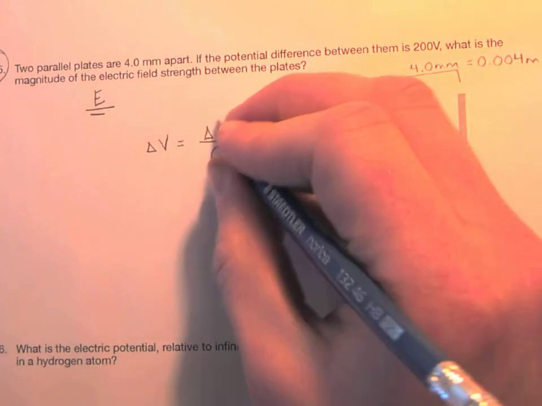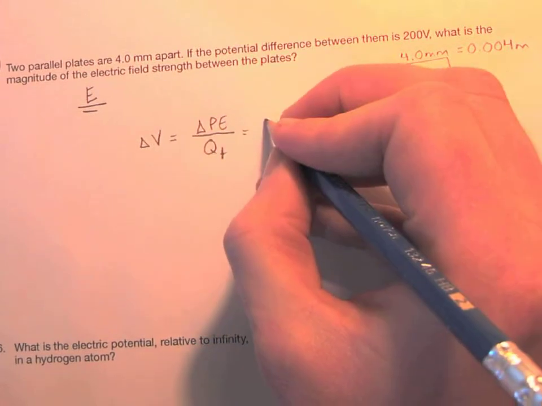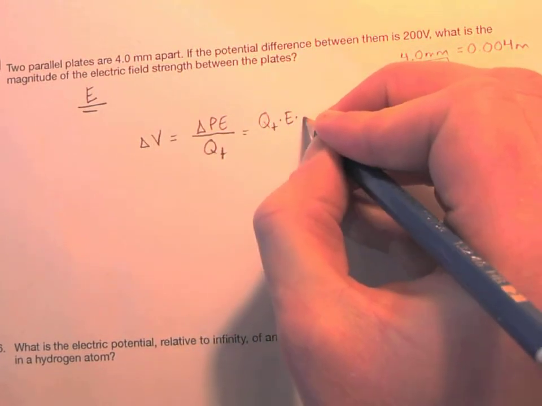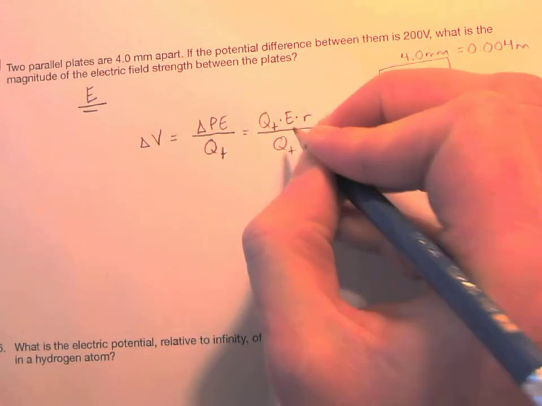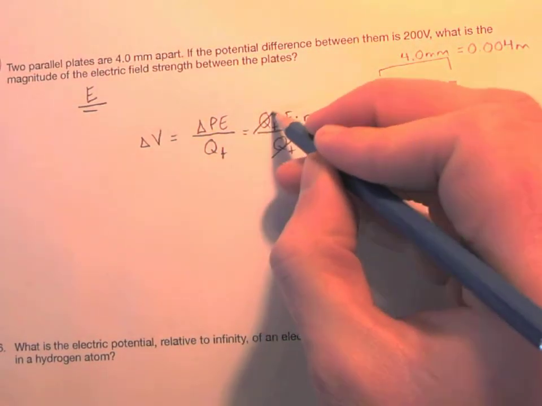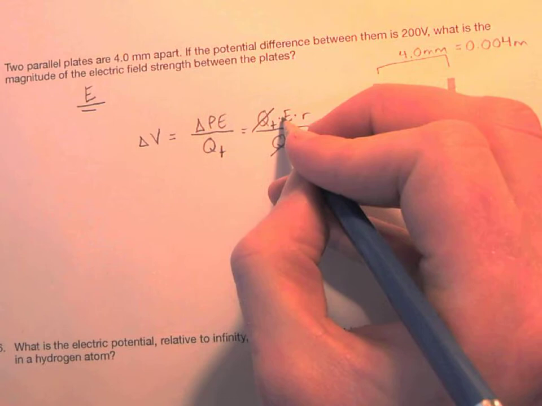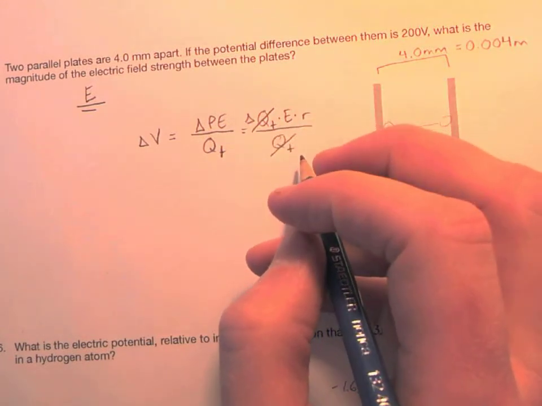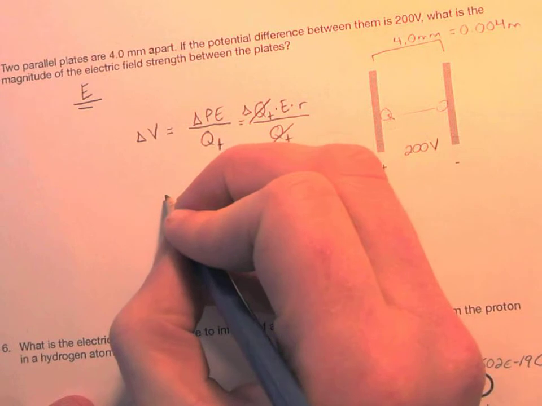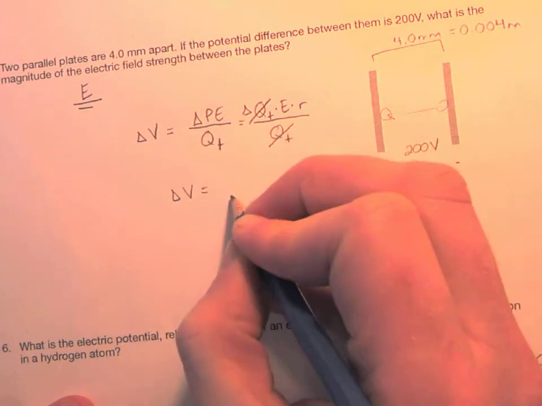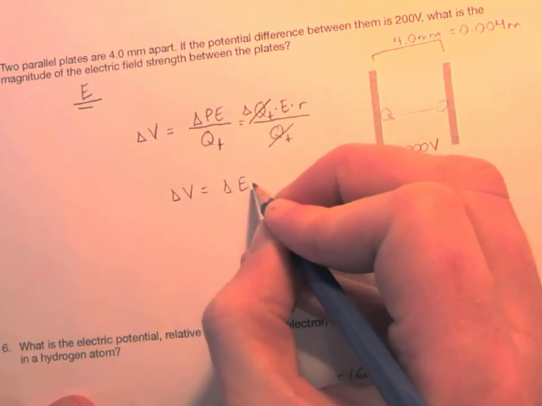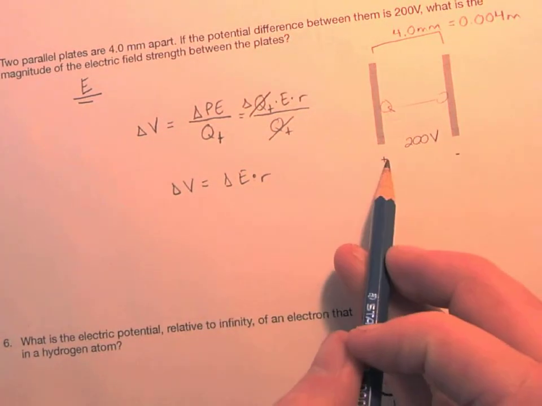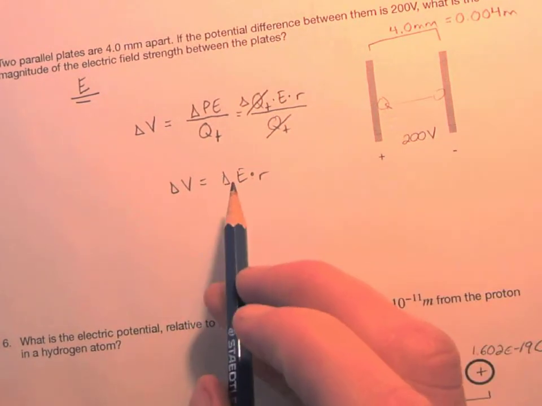It's the change in the potential energy over whatever test charge you have, because it's joules per coulomb. And if we plug in the potential energy formula, Q_T times E times R, we notice that those cancel out, and now we're at change in V is equal to E times change in R. If you notice, the electric field between two plates does not change.